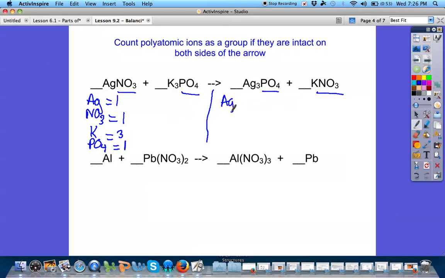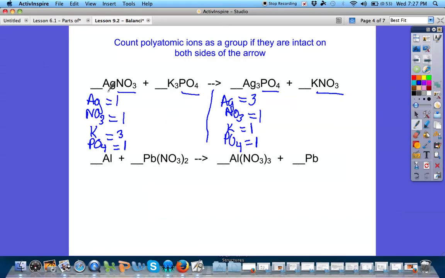Over here, silver, nitrate, potassium, and phosphate. Okay. So we have 3 silver, 1 nitrate, 1 potassium, and 1 phosphate.